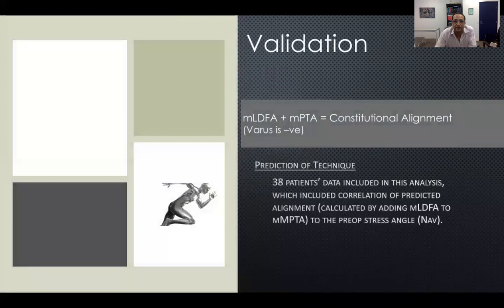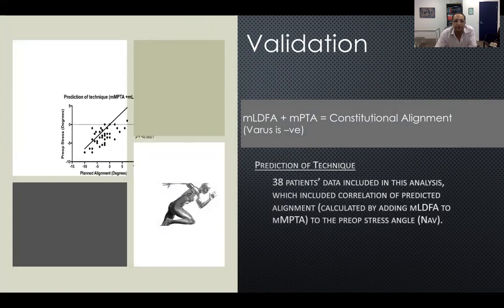Now, to validate this concept, this arithmetic formula of mechanical lateral distal femoral angle plus mechanical proximal tibial angle equals constitutional alignment, I took 38 patients from my database, and we looked to see if this alignment on the preoperative templating X-ray correlated well with the post-op stress alignment on intraoperative navigation.